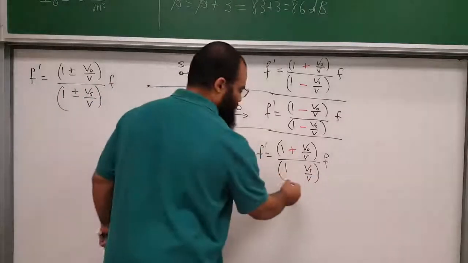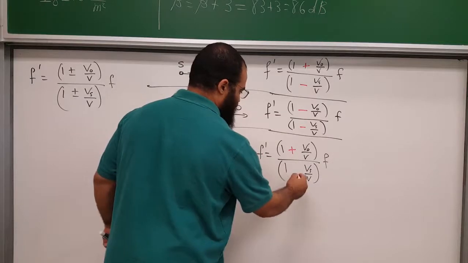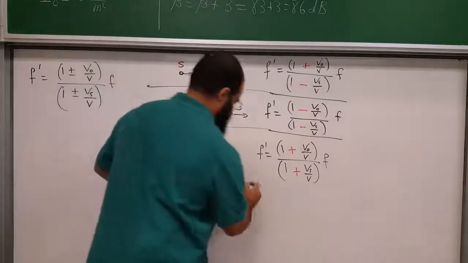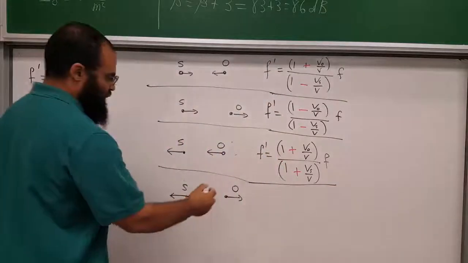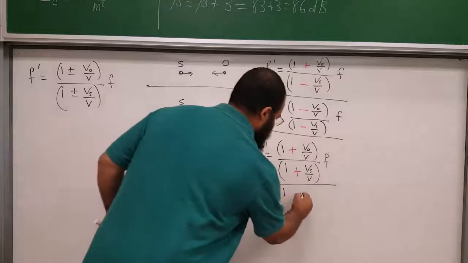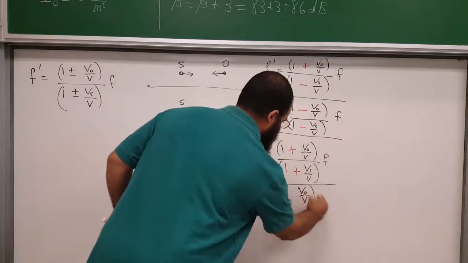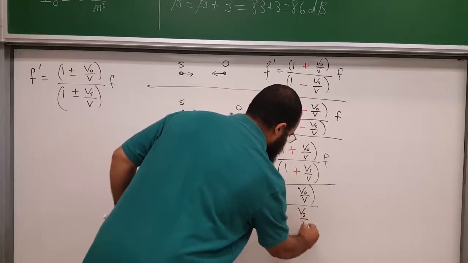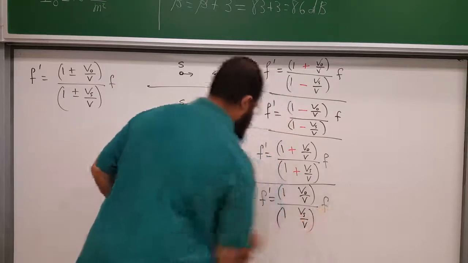A larger denominator means a smaller overall fraction, so add them. For this one, you get F prime is equal to, again, leave a blank, V observer over the speed of sound, over 1, the source divided by the speed of sound, times F.